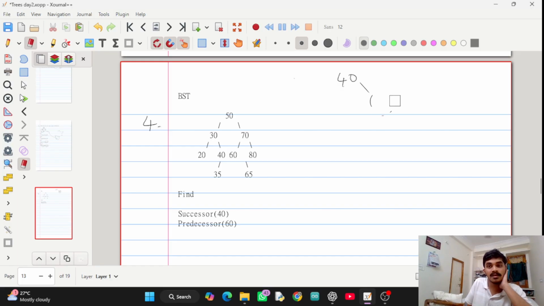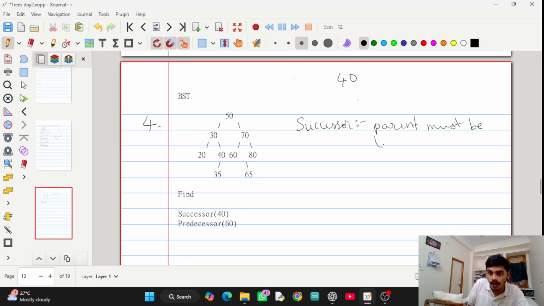But if there is no right subtree and they are still asking for a successor, there are two validations. For a successor, the parent's parent must be a left node of some node, and this some node will be the successor.